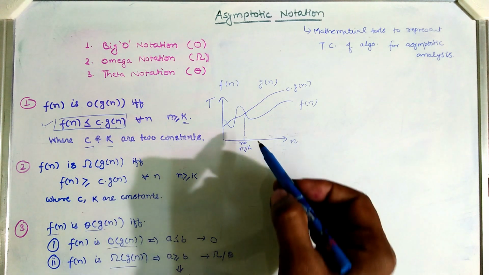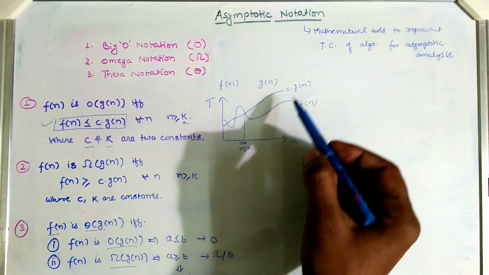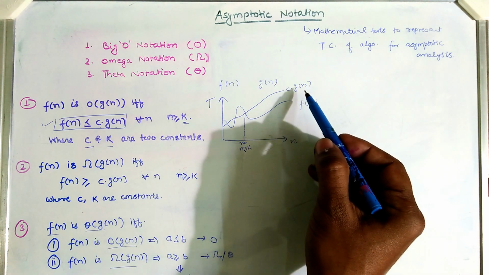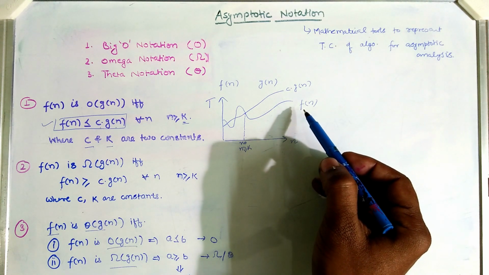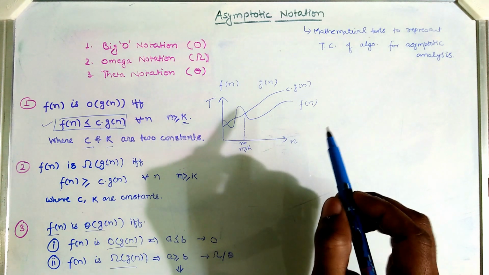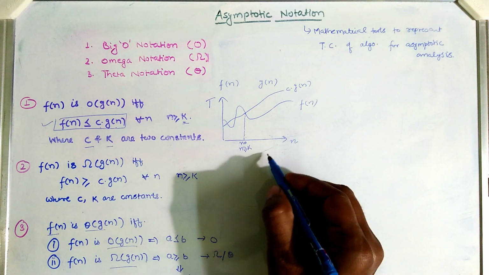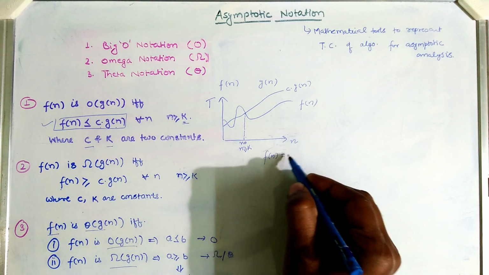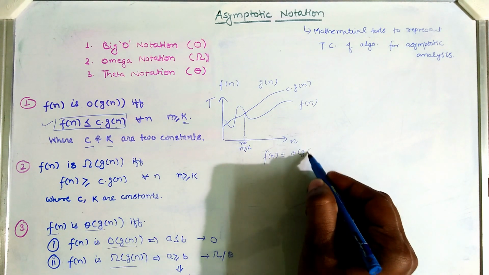So for all values greater than n-naught, c times g(n) is an upper bound on the function f(n). Okay, so I can say that f(n) is equal to order of g(n).